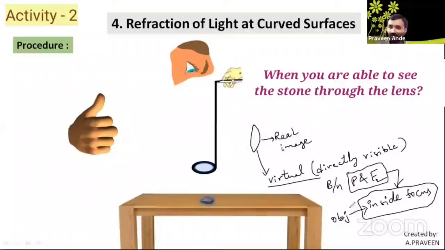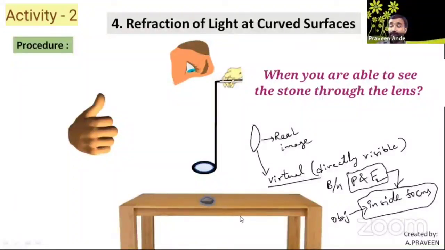Then only it is able to form the virtual image. Then you are able to view directly through the lens. So here the person is saying, I am able to see through the lens. Then it means what? Where did you place that object? Is it inside the focus or not?